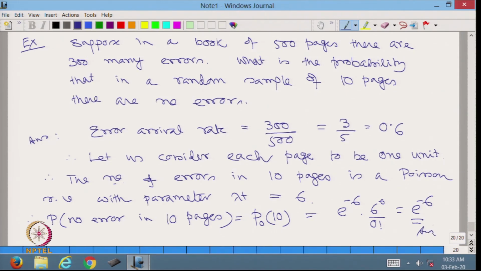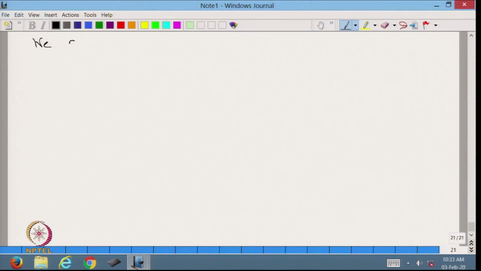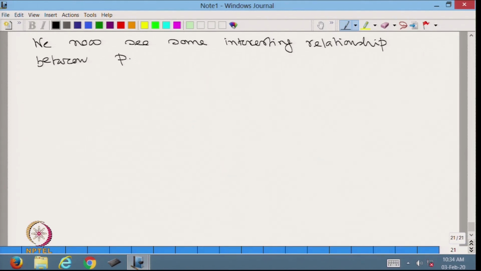That is the answer. We now see some interesting relationships between Poisson arrival and waiting time for an arrival.